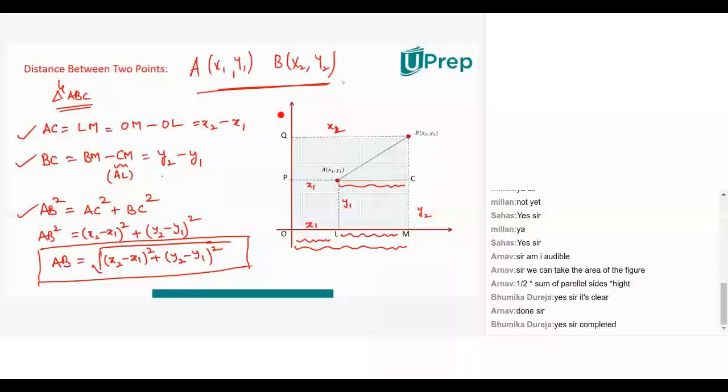We didn't solve many problems on image, though we did one example. Then we came down to distance between two points. That also we derived in three cases: one case parallel to the y-axis, one case parallel to the x-axis, and neither parallel to the x-axis nor y-axis, which is on the screen now. These six cases, thoroughly revise yourself.